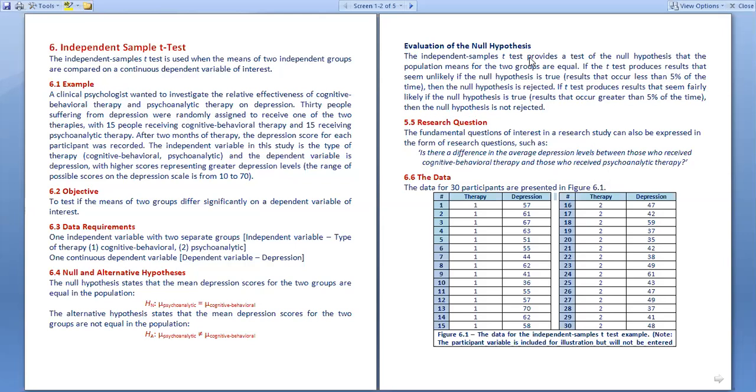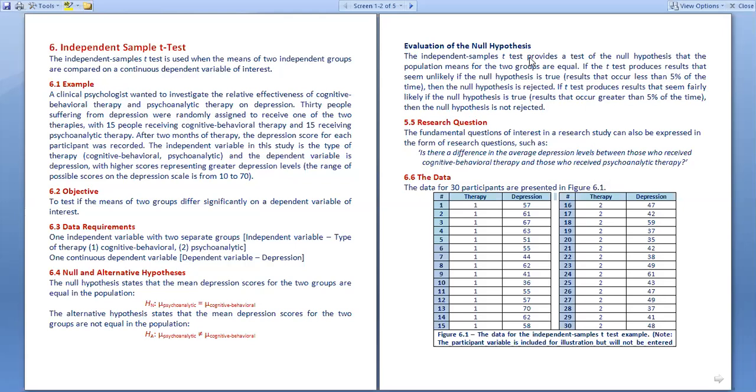Now we have got null and alternate hypothesis. Null hypothesis, we all know, says that there is no significant difference between the mean of one independent sample and the other. So in this case, H null, or the null hypothesis, is that the mean of psychoanalytic is equal to the mean of cognitive behavioral.